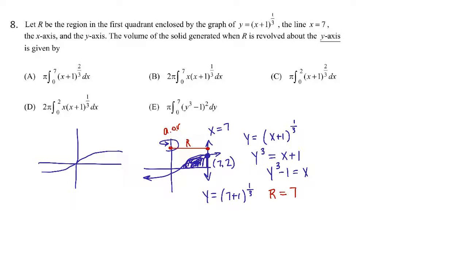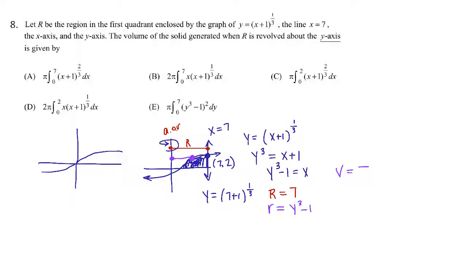Now we have to find little r. And little r is going to be from here to my x plus 1 all cubed over to this axis of rotation. So little r is going to be, and we have to get our rewritten part, so it's y cubed minus 1. And now that we have those values, then we're ready to write our volume.